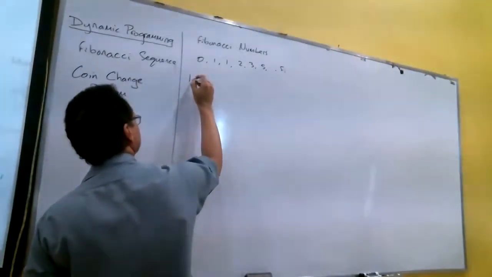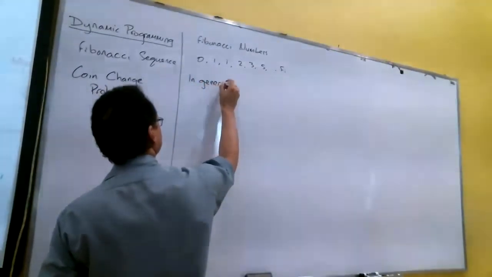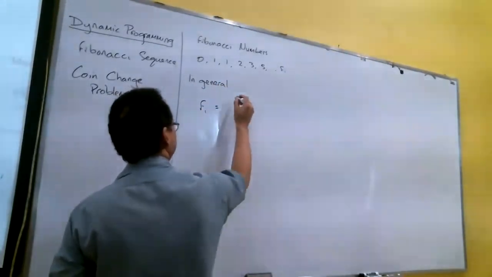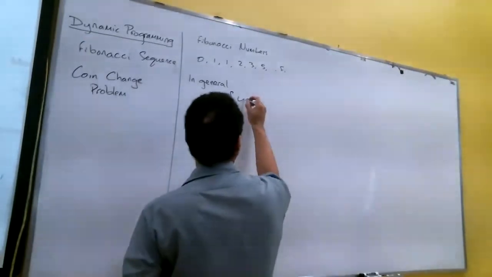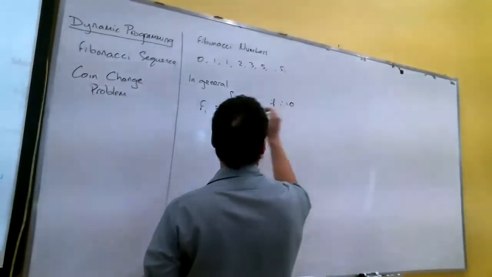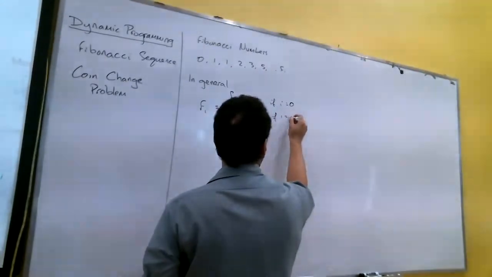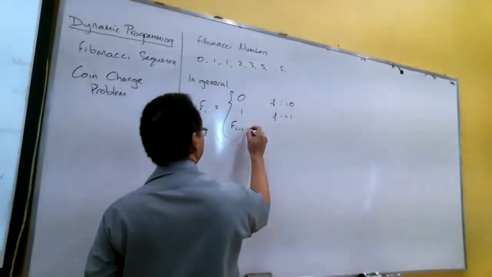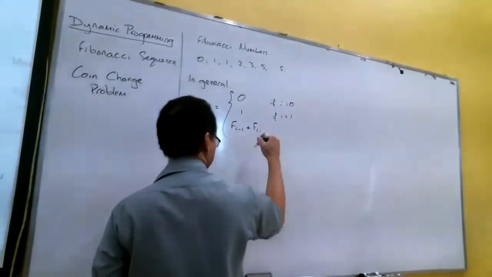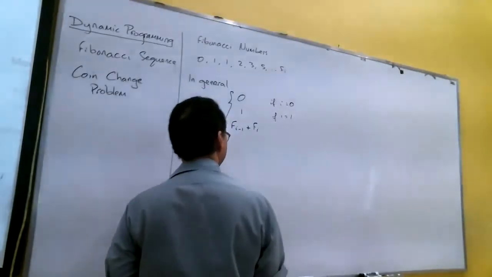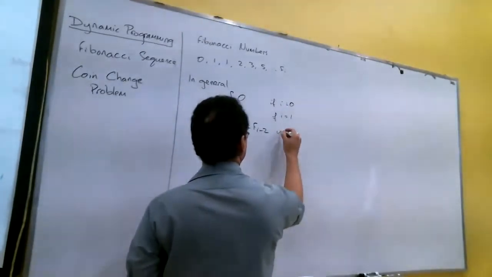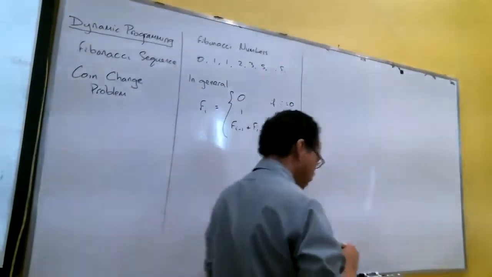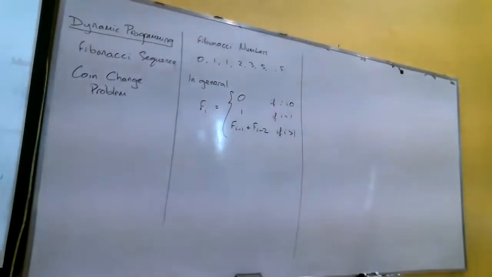And in general, the ith term is 0 if i equals 0, 1 if i equals 1. Those are base cases. And then it's the sum of the previous two, right? Everybody knows that, right? Seen that before?